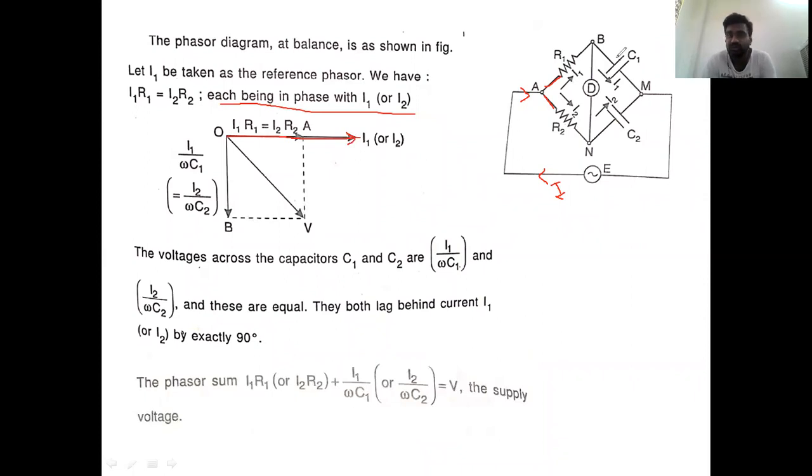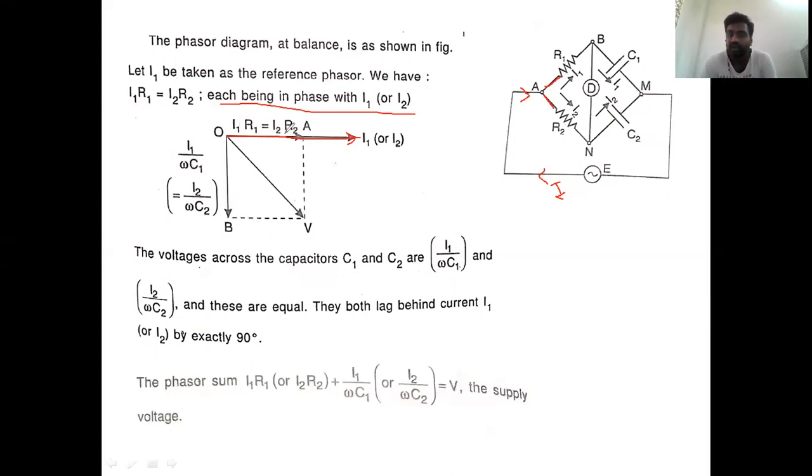What is the voltage drop across A to B? The voltage drop from A to B is I1 into R1, which is represented on this particular line, and the voltage drop from A to N is represented by I2 into R2.